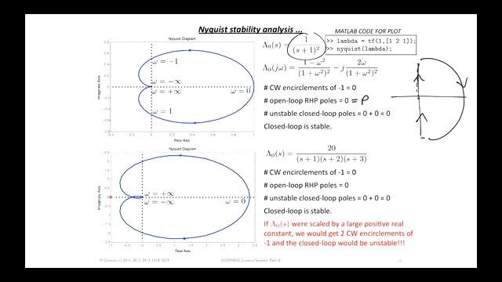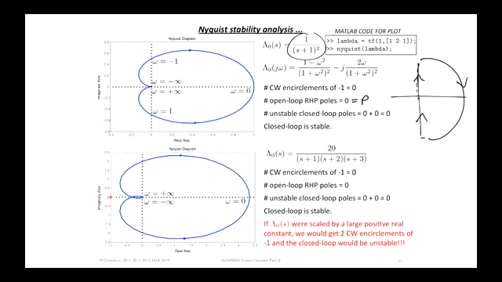Lambda evaluated at s equals j omega is just a complex number with a real part and an imaginary part. As we increase omega, the real and imaginary parts change, and that's what's shown in this plot, as we evaluate lambda along this line.